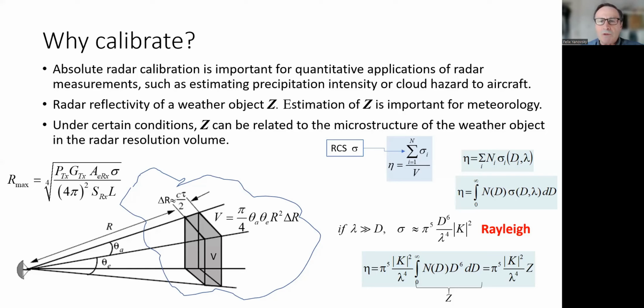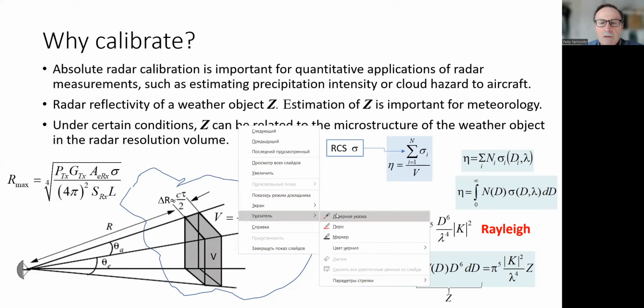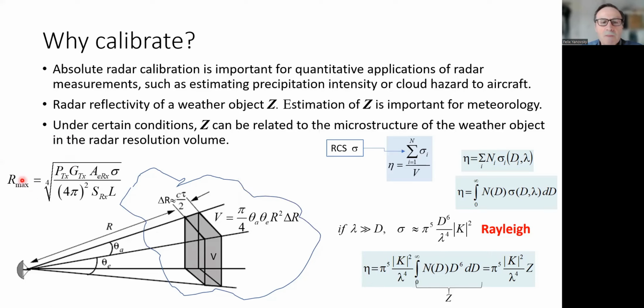A couple of words about radar reflectivity. Under certain conditions, radar reflectivity, which we designate Z, can be related to the microstructure of the weather object in the radar resolution volume. Starting from the radar equation, we can connect the radar cross-section of the scatterers in the volume with the reflectivity, which actually is the sixth moment of the raindrop distribution in the resolution volume.